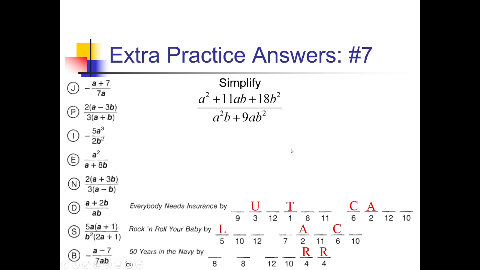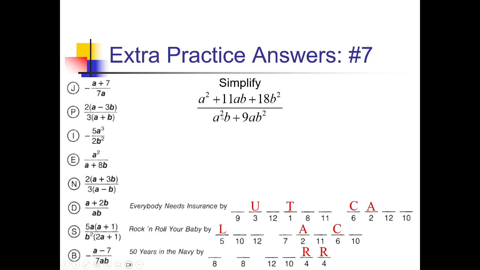Next up, number 7, the first problem with this new set of answer choices. Now the game changer on these, you might notice, is that we have different letters, and in particular, some of these have A's and B's in them, so we're just going to have to be aware of that as we do these. All right, so for this one, let me start with my numerator. No common factors up there, but I can definitely split it up.